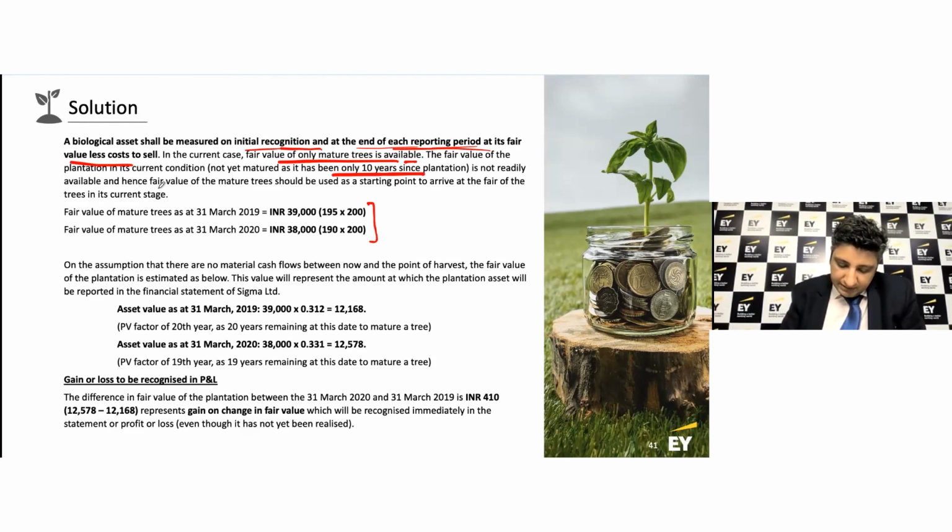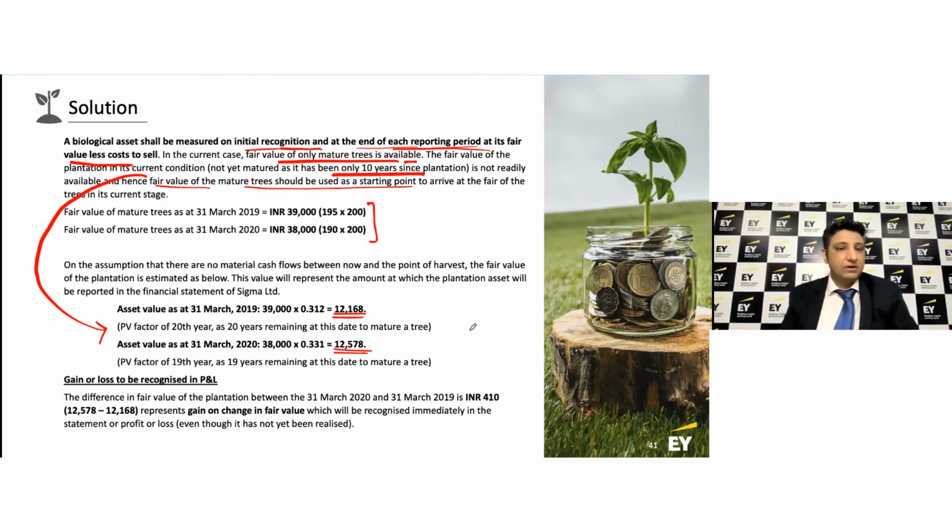We look at the fair value of the mature tree as a starting point, and we discount that to today's price using the discount rate which is available. So we've got the respective values of 12,578 as on 31st of March 20 and 12,168 as on 31st of March 19. The difference between the two values, which is 410 rupees, is recognized immediately as income in the statement of profit or loss.